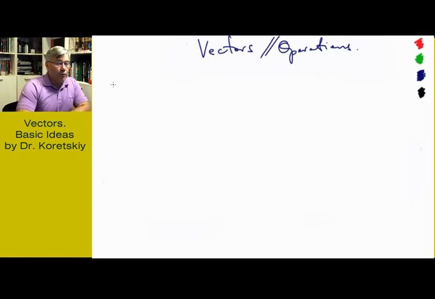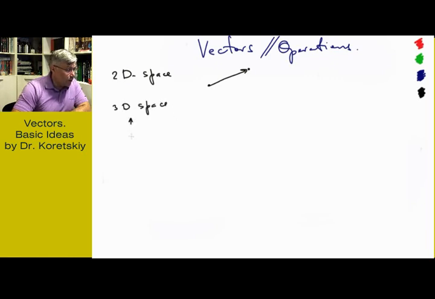And usually we use vectors for two-dimensional space, 2D space. Consider as a vector the arrow, or 3D space.